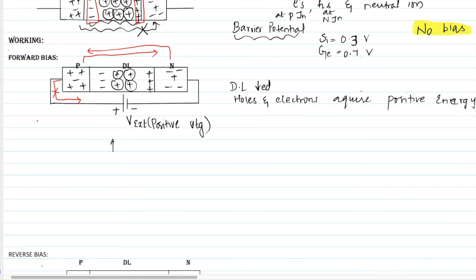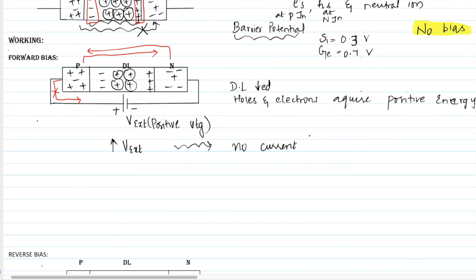Increasing the external voltage, the electrons and holes will try to move towards each other, but still no current will flow because the barrier potential is stopping the recombination.